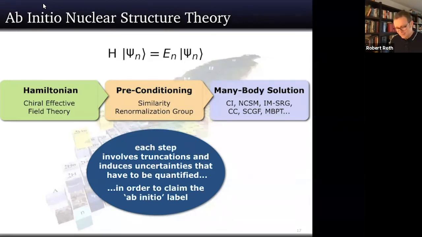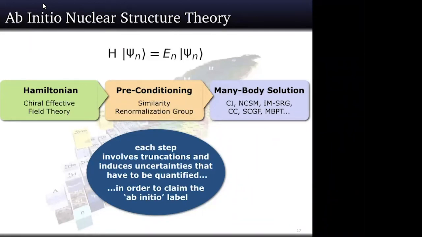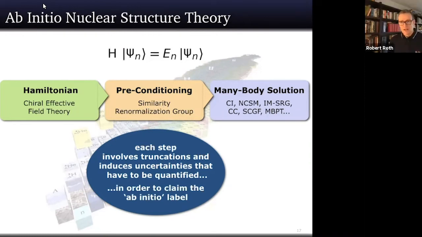So this is obviously, without any practical example, a very tedious job. It requires many more calculations than just getting your single number for the ground state energy of oxygen 16. And it requires much more work in terms of analysis. And this is kind of the point where the ab initio community now is, and many different groups are working on different aspects of this uncertainty quantification problem.